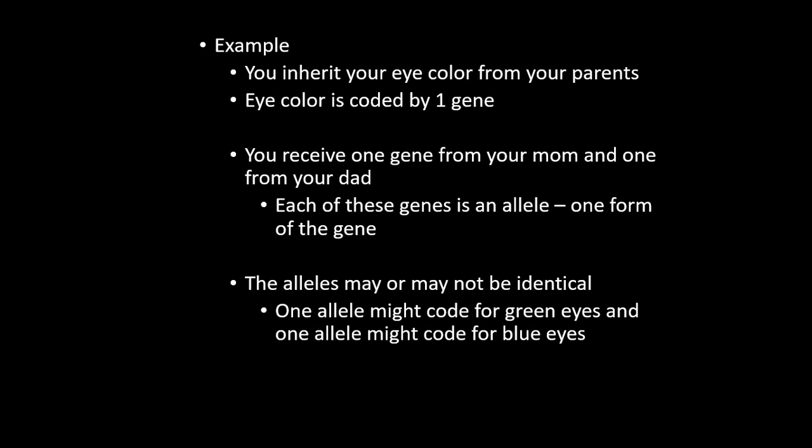So one allele might code for green eyes, and the other allele from your other parent might code for blue eyes. Green eyes or blue eyes, those are different alleles of the gene for eye color. Which one shows up? Are you going to have green eyes or blue eyes even though you have one allele for each of those eye colors? We're going to talk about that later on in section 3 when we talk about patterns of inheritance.